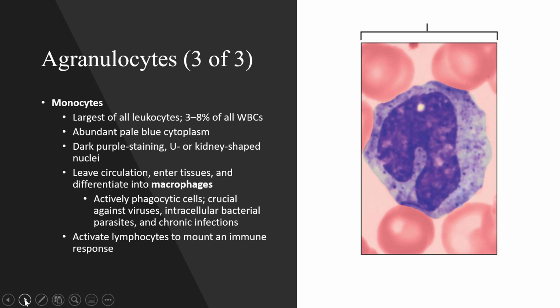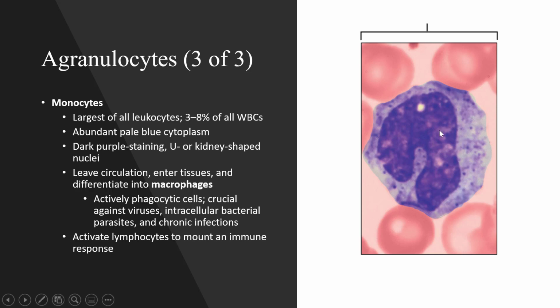Monocyte is usually the largest of all the white blood cells, but there's not really many of them. They are only 3 to 8% of all white blood cell population, and they do have a large nucleus that is C-shaped or shaped like a horseshoe, and it occupies almost the entire cell, but you could still see the cytoplasm without the granules, okay?